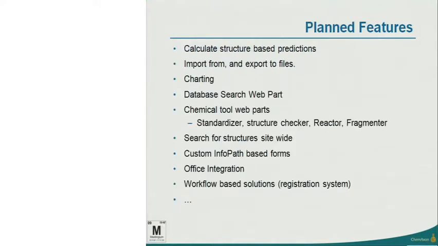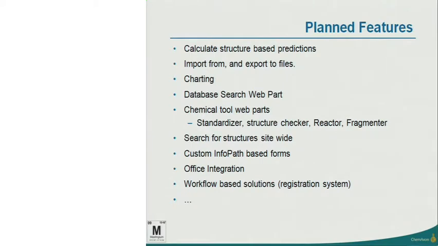We have also many ideas how to further improve features and what else to include in SharePoint. I will not talk about them in detail, so I will just list them. Calculate structure-based predictions in lists, import from and export to files, charting.